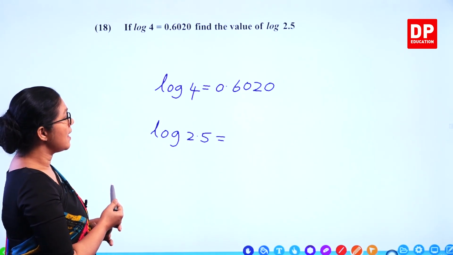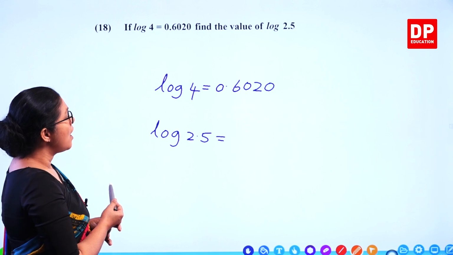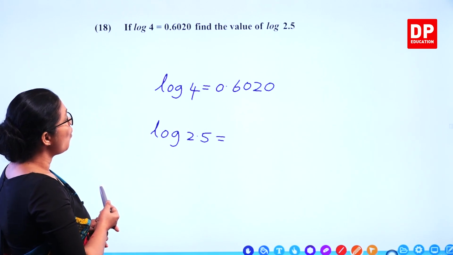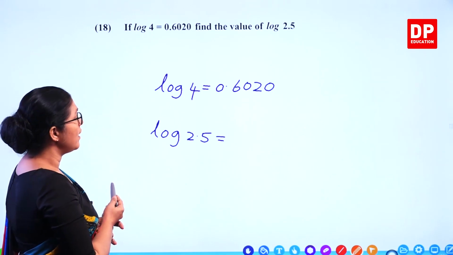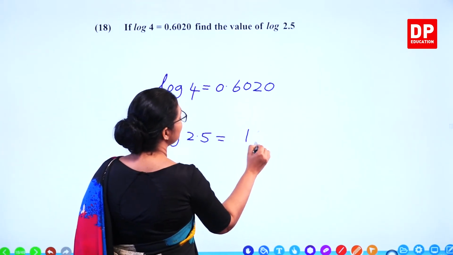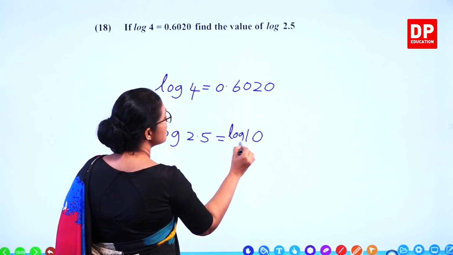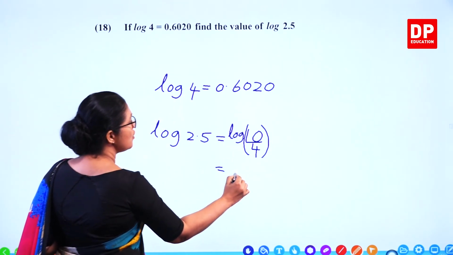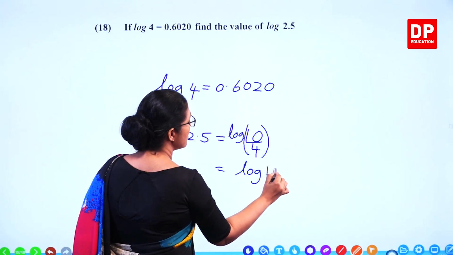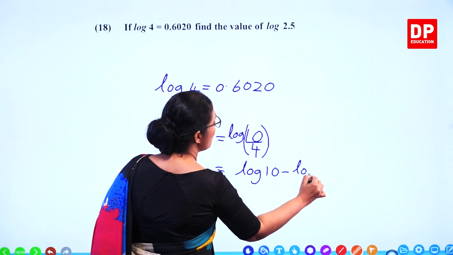So we can say 10 over 4. That means 10 divided by 4 is 2.5. Log of 10 over 4. We know division you can write as subtraction. Log 10 minus log 4.